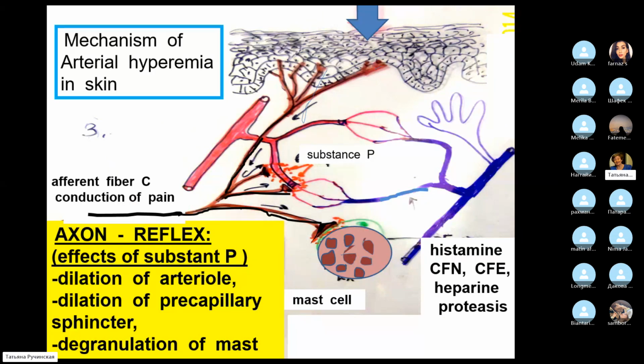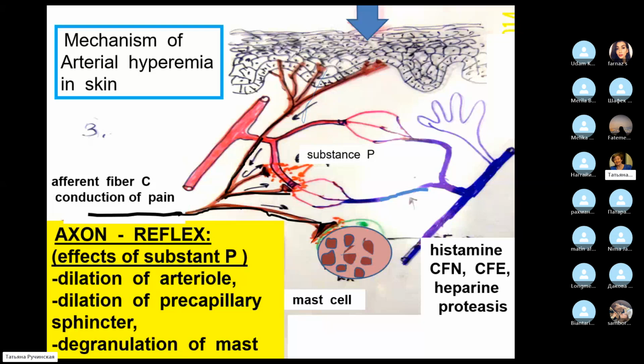What is the mechanism of arterial hyperemia in skin and mucous membrane? You know that in the derma, the deep layer of derma, there are very many receptors, but these receptors are in capsules.